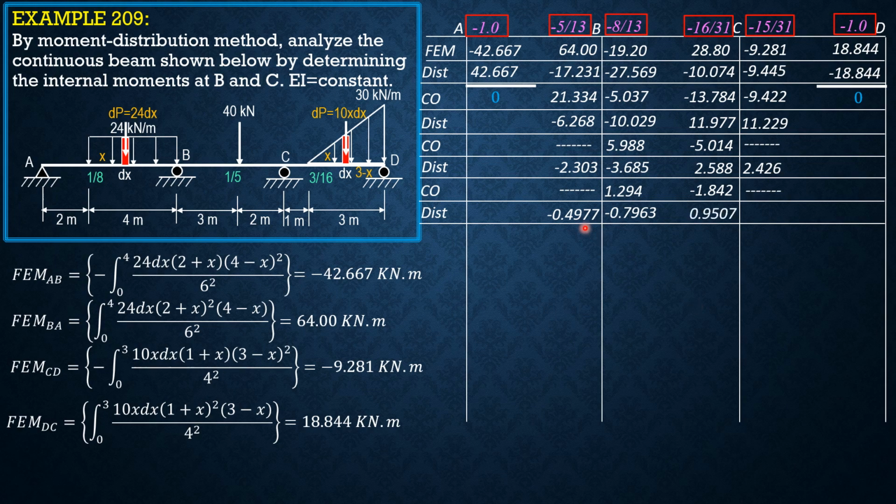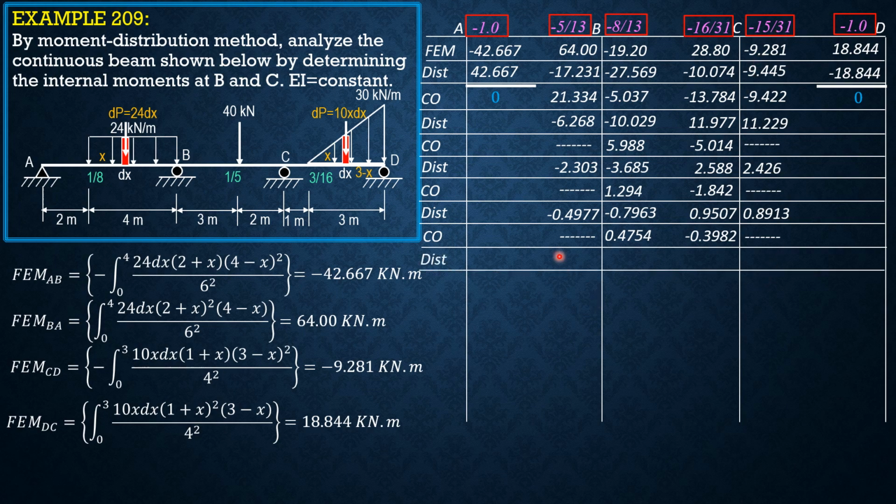Carry over, so none, half of 0.9507, half of negative 0.7963 here, and none. Distribute 0.4754 times negative 5 over 13, 0.7475 times negative 8 over 13, negative 0.3982 times negative 16 over 31, and negative 0.3982 times negative 15 over 31.